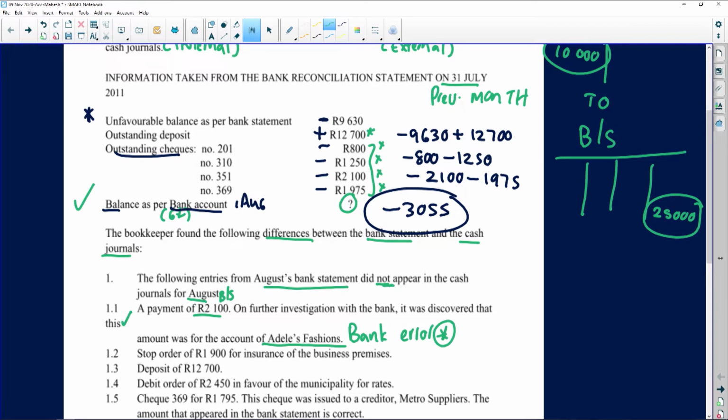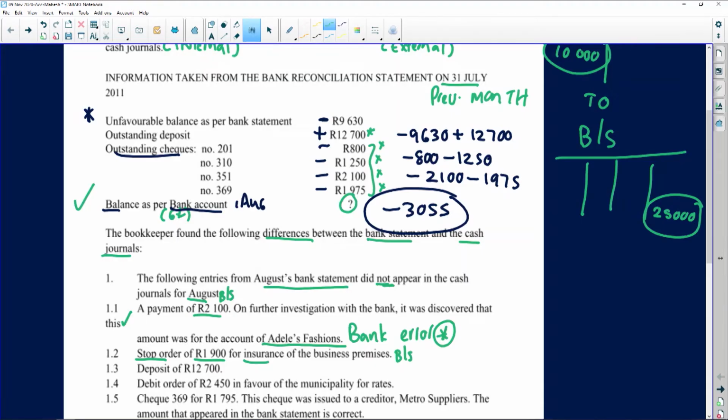Then we've got a stop order for 1,900 Rand for insurance of the business's premises. Once again, it's in the bank statement, but not in our records. Remember guys, a stop order is basically permission given to the bank to pay the insurance company on a monthly basis, so you don't have to physically pay the insurer. You instruct the bank to do this.